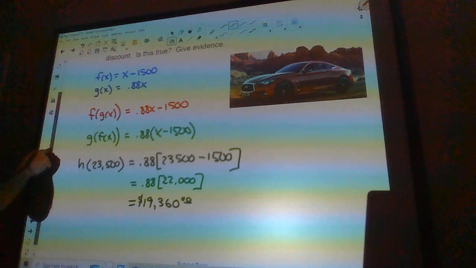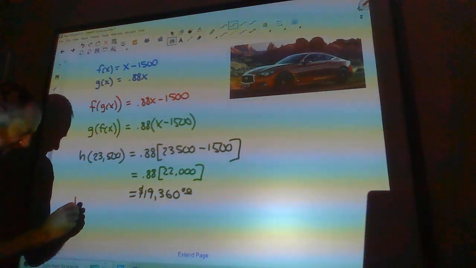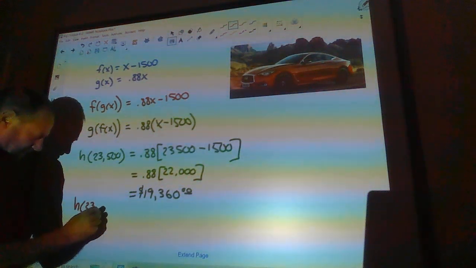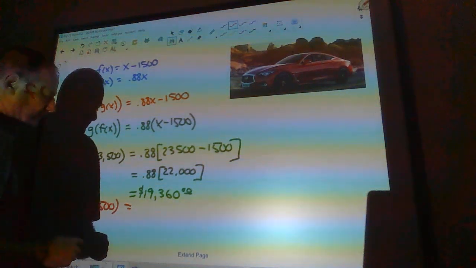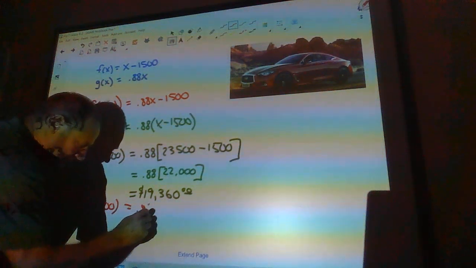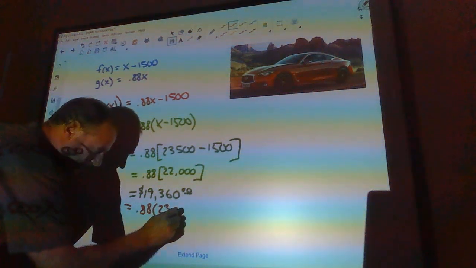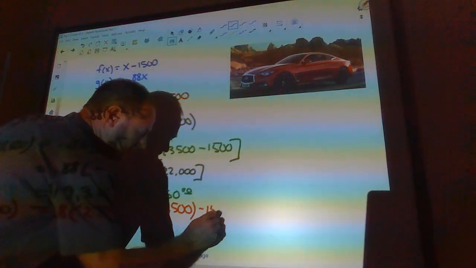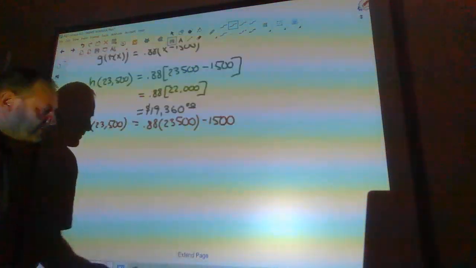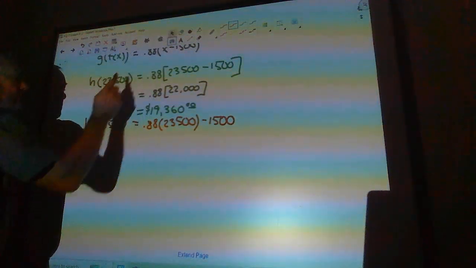Now let's take the rebate second. Okay, so that would be h of 23,500. That's going to be 0.88 times 23,500 minus 1,500. So the green is what the salesperson wanted you to do.